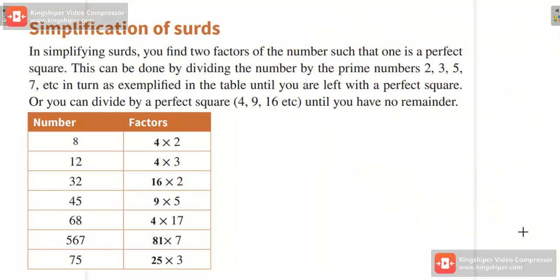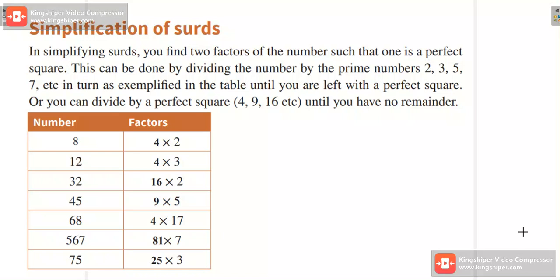Now let's look at simplification of sets. In simplifying sets, you find two factors of the number such that one is a perfect square.